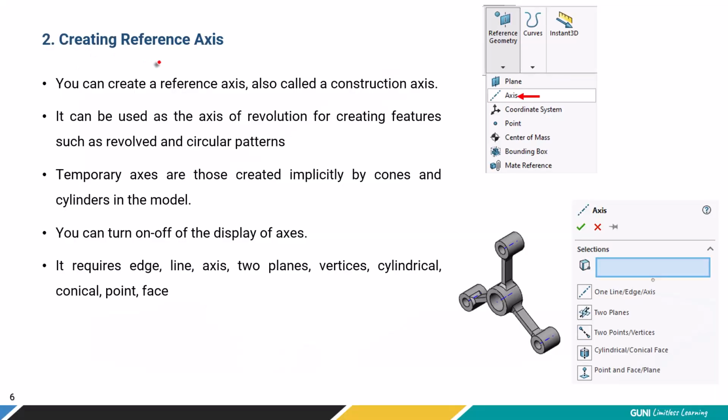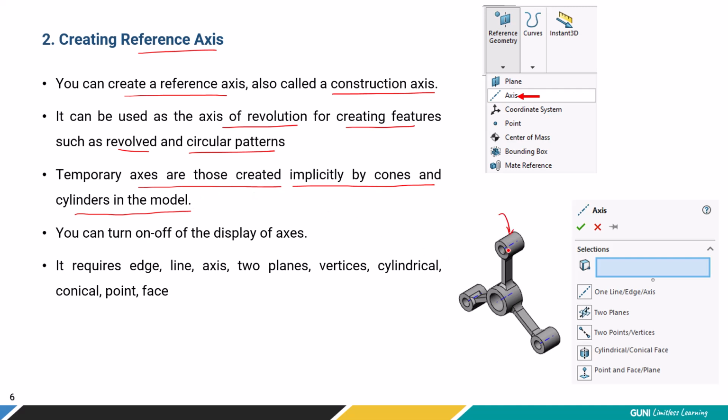Like a plane, you can also create a reference axis. It is available in reference geometry below the plane. Sometimes this reference axis is also known as a construction axis. It can be used as an axis of revolution for creating features such as revolves and circular patterns. Temporary axes are those created implicitly by cones and cylinders in the model.